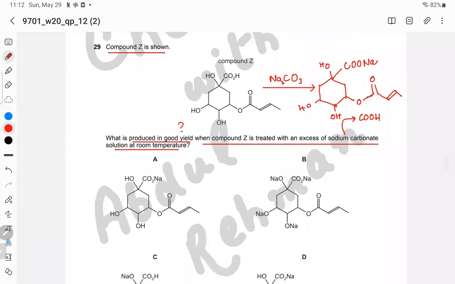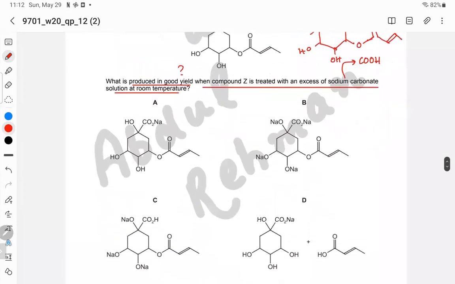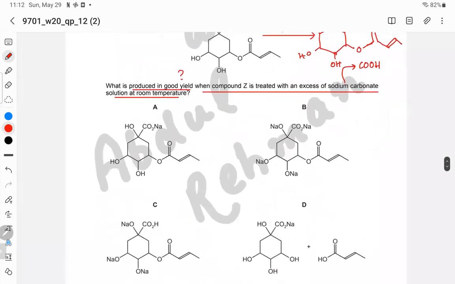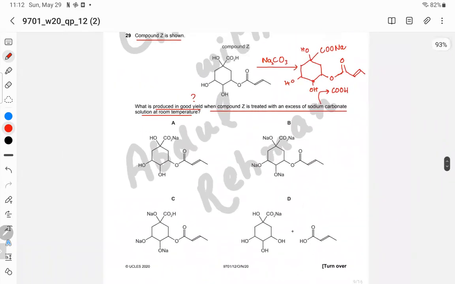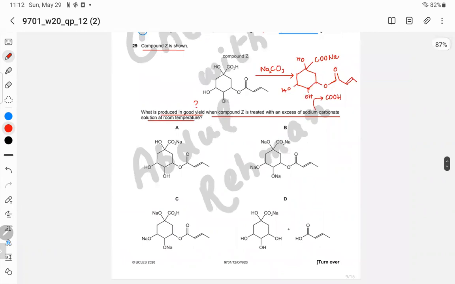So if we look over here, we can easily mark C and D wrong, because in C we have a carboxylic acid, and in D we have observed a hydrolysis, which actually does not occur because it's not an alkali, so there is no hydrolysis.